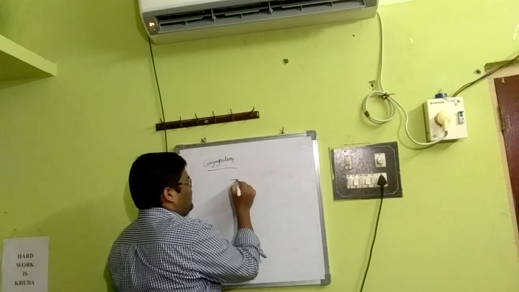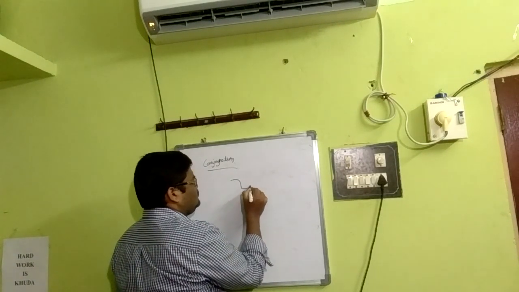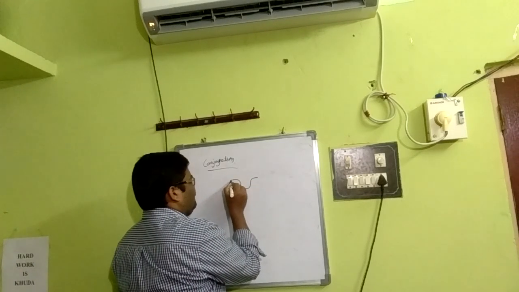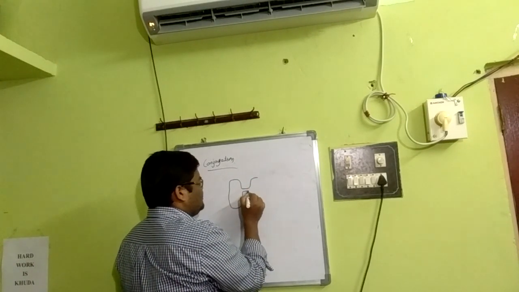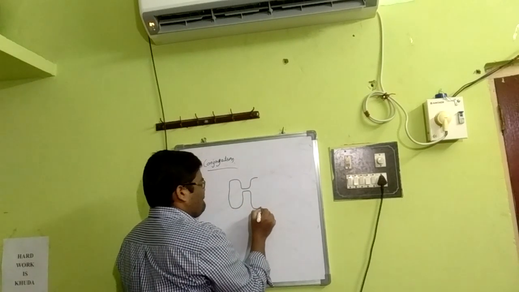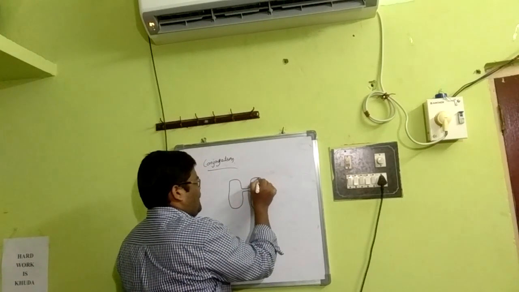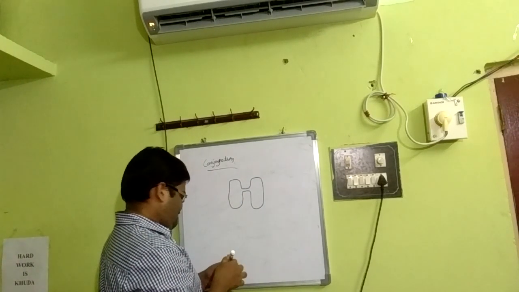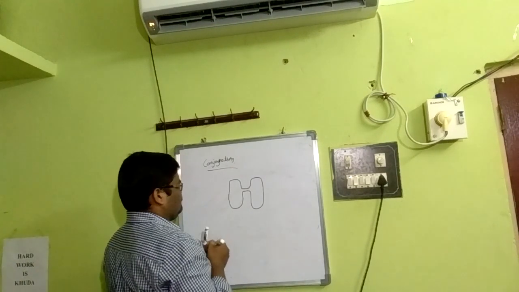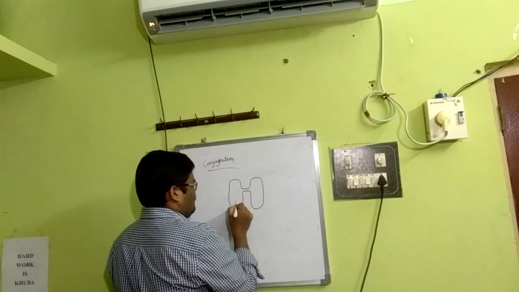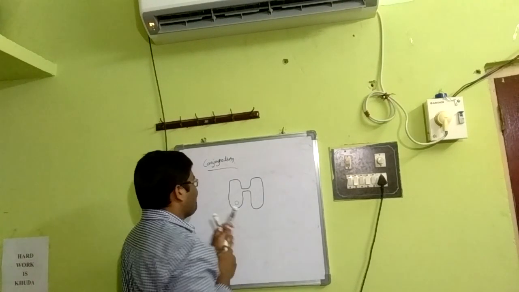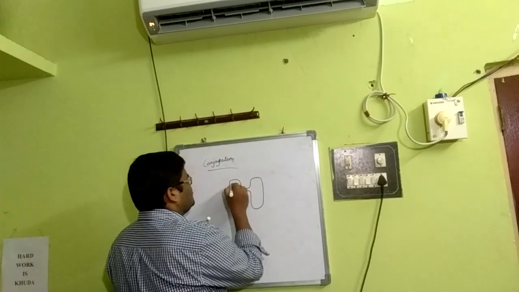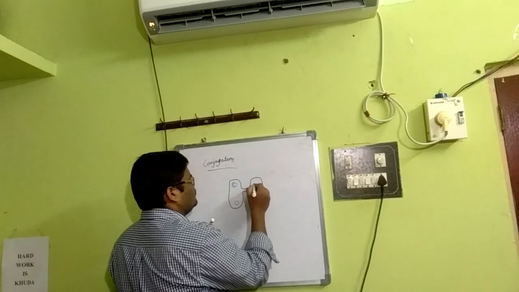This is called F plus. And these are called cytoplasmic bridges. This is the normal chromosome.